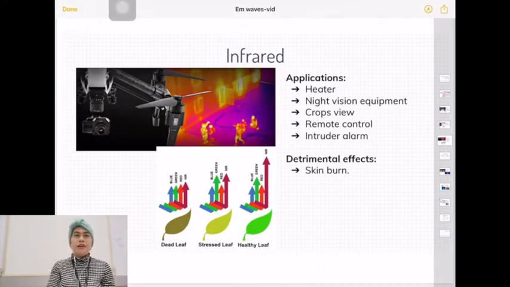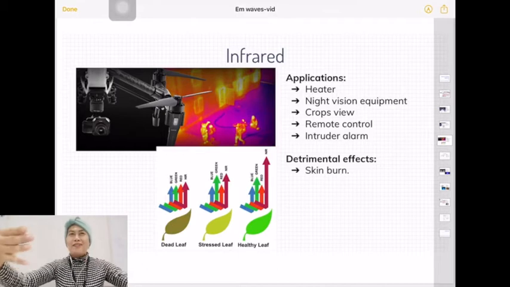Okay, infrared. So infrared has various applications. Infrared is just basically what we call heat. So you get heat from the sun, you get heat from almost everywhere. And a lot of the applications here are actually detection of heat signatures.